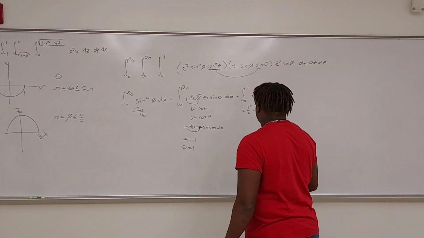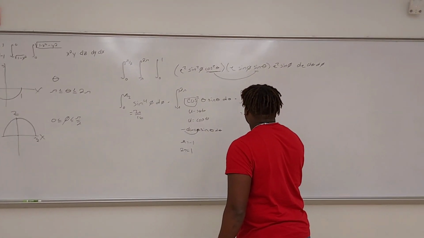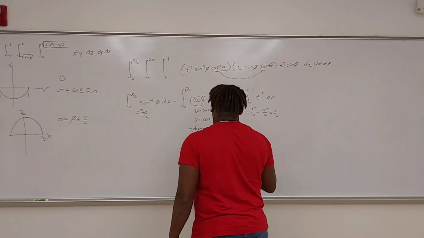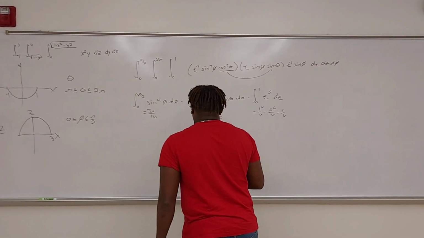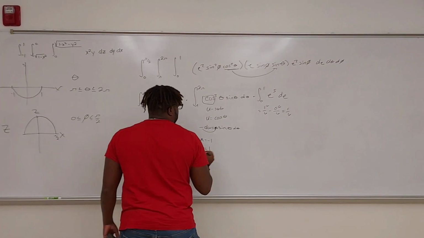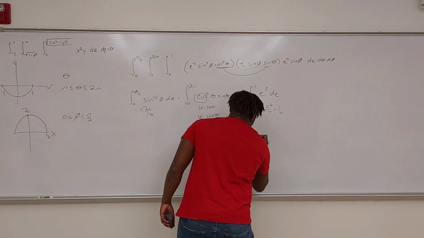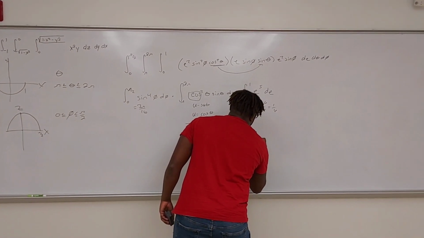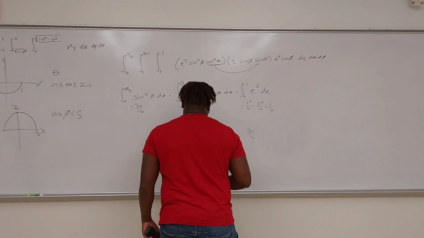That's how you solve an integral of rho to the fifth. Now we can set this. We can solve. This will be 3 pi over 16.